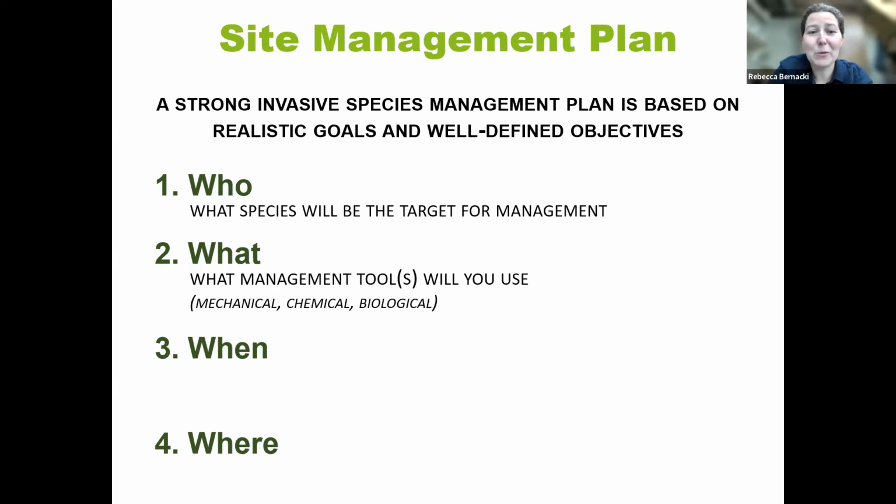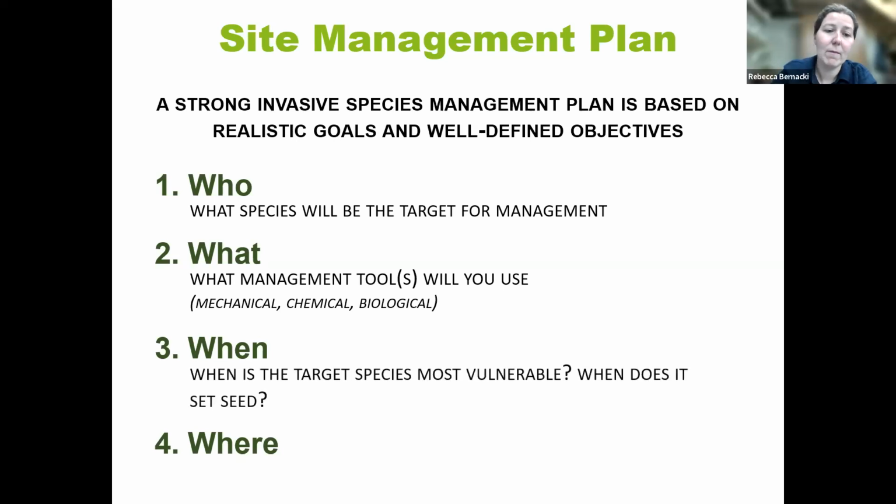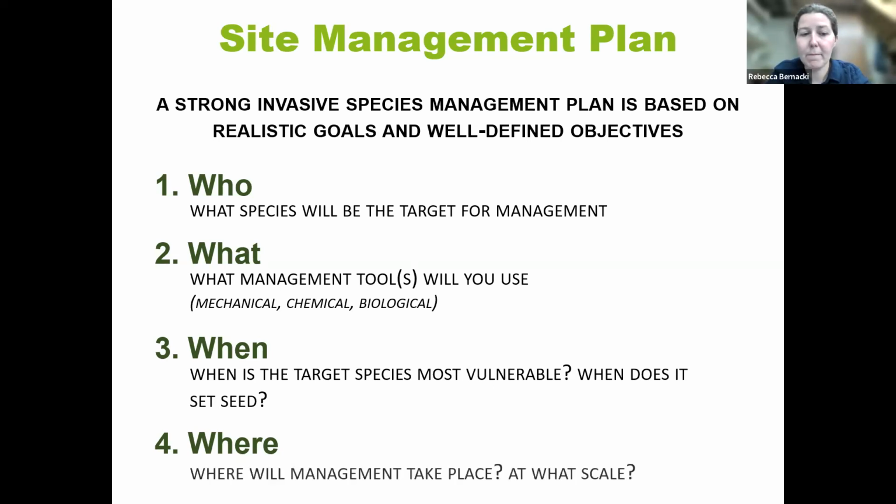Or is it one of those really cool species where a biological control is available? So when? When is the target species most vulnerable to the type of management we're planning to do? And when does it go to seed? Those are both important questions to ask as we plan our management. And finally, where? Where will our management take place and at what scale?